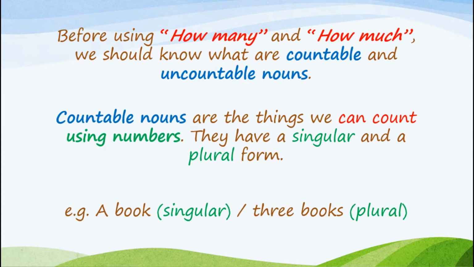An example of a countable noun is a book. This is the singular form. It's just one book. But in the plural form, we can say 3 books. We're counting the books with a number, and the number is 3. So this is a countable noun. It's a thing that we can count with numbers.